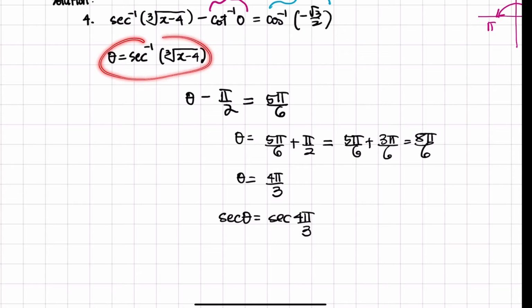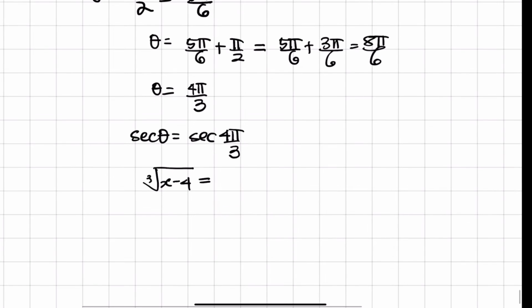But from here, you know that secant theta is cube root of x minus 4. So, cube root ng x minus 4 is equal to, anong secant ng 4 pi over 3? Alamin muna natin yung cosine 4 pi over 3.